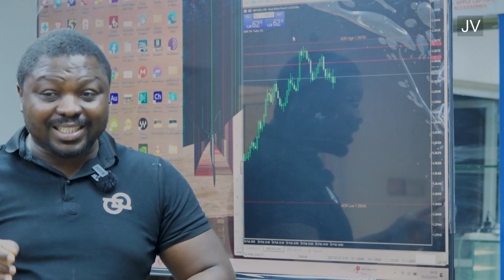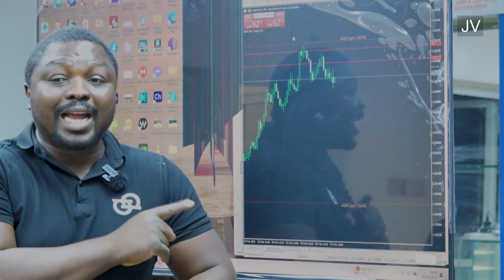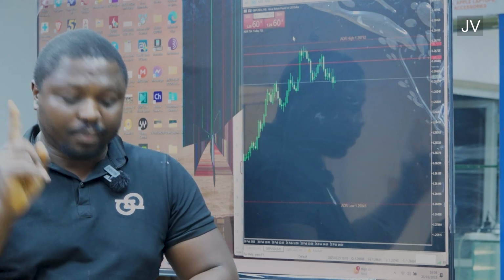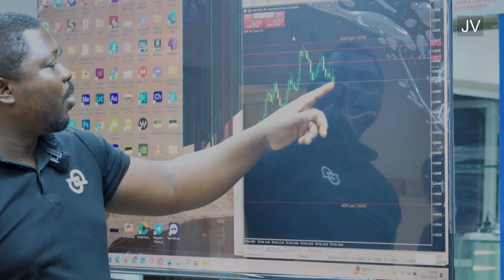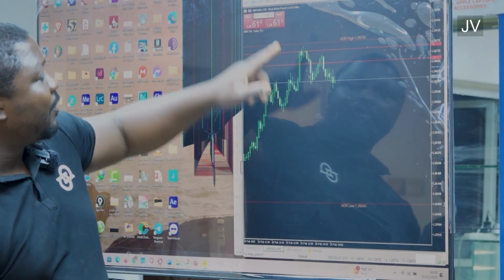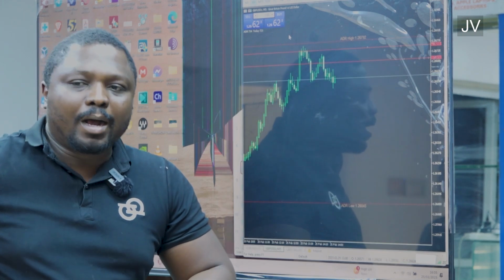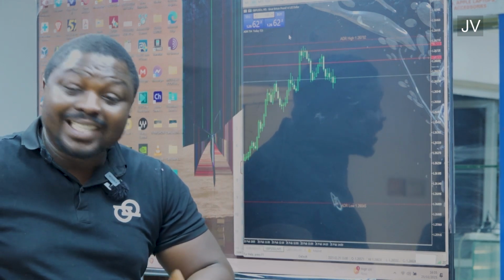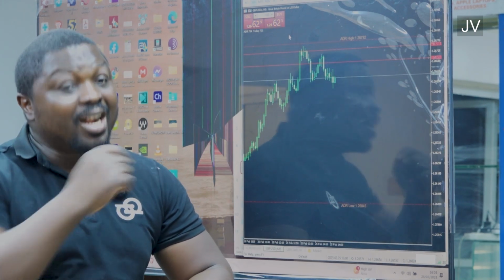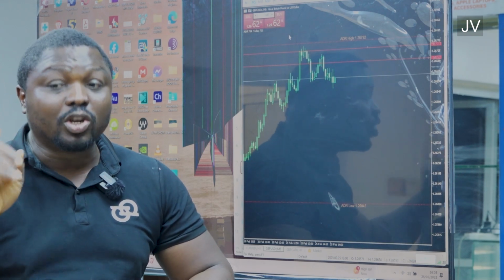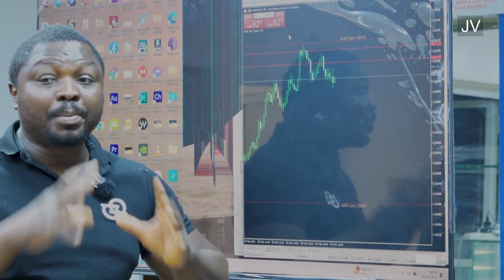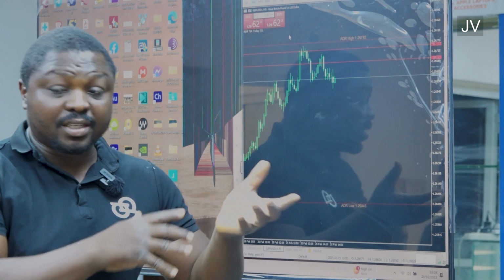Because if every lot is $10, then 10 lots is $100. I'm talking about GBP USD and major pairs.